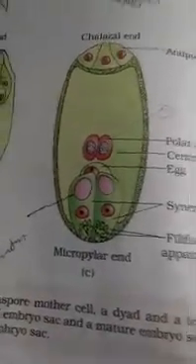Now one of my students asked the following questions. Ma'am, what is the ploidy of megaspore mother cell? I replied it is 2n, and another one asked what is the ploidy of nucellus cells?